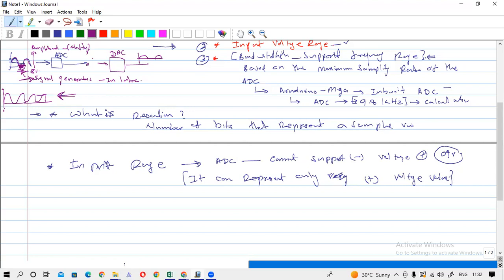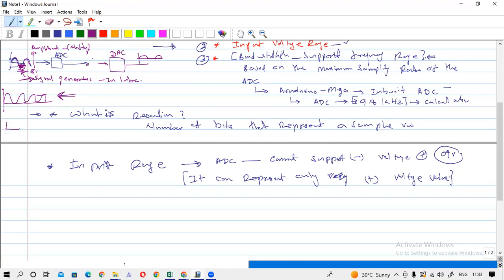You can create the signal and you can shift it above. You can actually shift this in many ways. Using the power supply also you can shift this value.